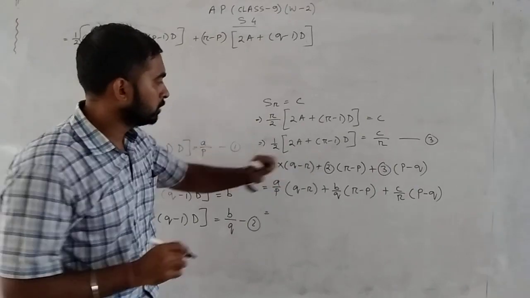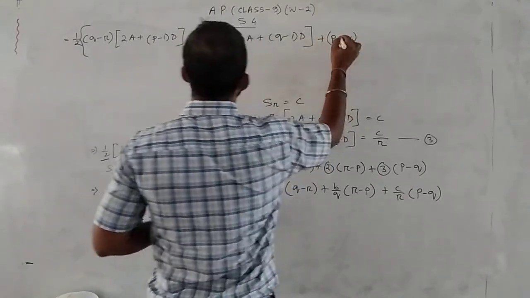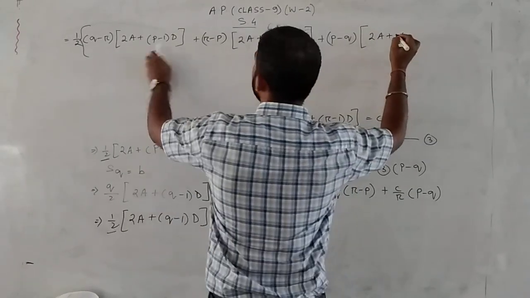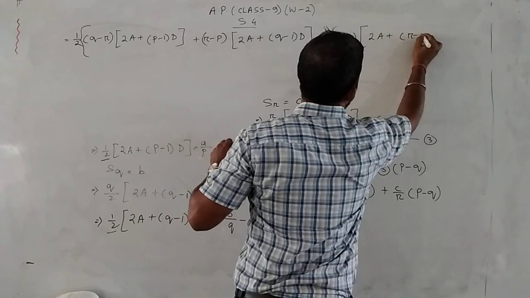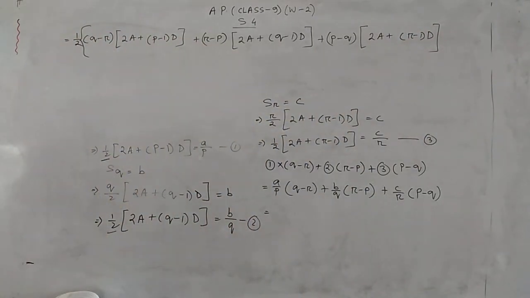Then here last one, P minus Q into twice A plus R minus 1 D. Yes: Q minus R twice A plus P minus 1 D, then next one R minus P twice A plus Q minus 1 D, then P minus Q twice A plus R minus 1 D.